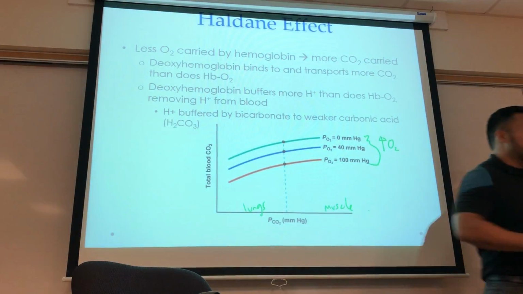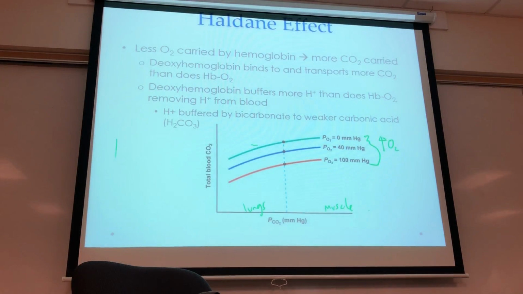So let's take a look at it from a different perspective. Same way of drawing it out. This is our blood CO2. This is our PCO2. There should be a linear increase in total CO2 and PCO2.